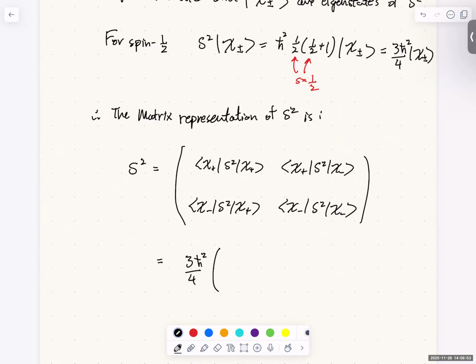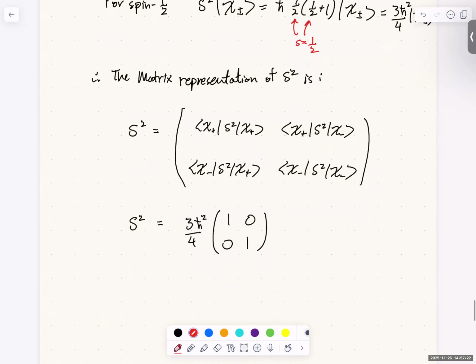Well, if they're normalized eigenstates, that gives a 1. And then I get a chi plus and a chi minus. Those are orthogonal, so we'll get a 0. Minus and plus is orthogonal, so we'll get a 0. And then minus and minus, normalized, we'll get a 1.